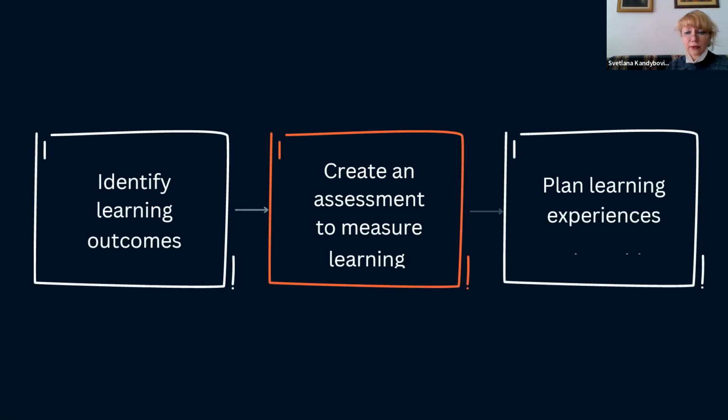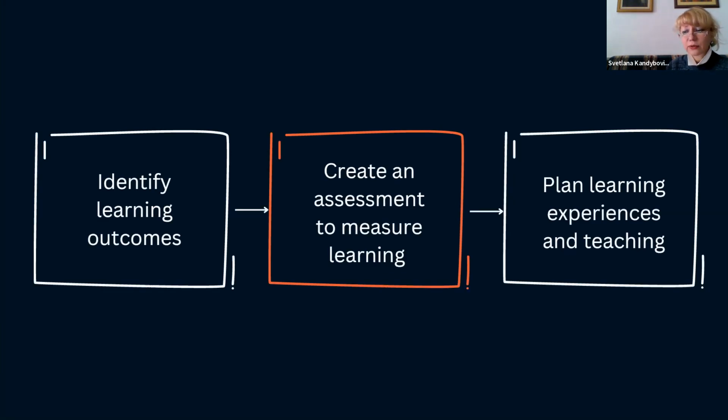After settling on outcomes, we need to create an assessment to measure learning. So basically, that might be a new approach to some of you, because the most common approach was to plan lessons, right, and then think about assessment. Now we think first about learning outcomes, and then we plan assessment, and then we plan lessons.